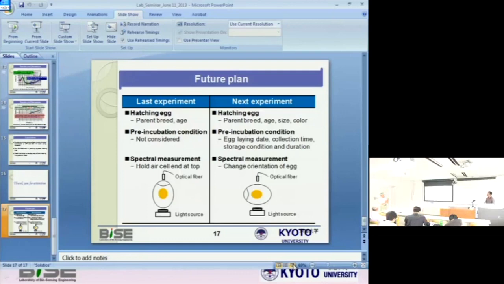You don't think about the integrating sphere? I read another paper. They use a collimating lens here. I also talked with Fujioka-sensei that I want to set a collimating lens here.